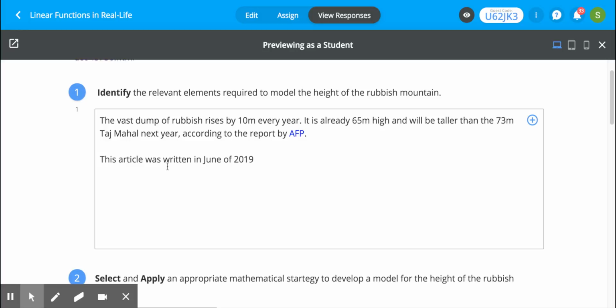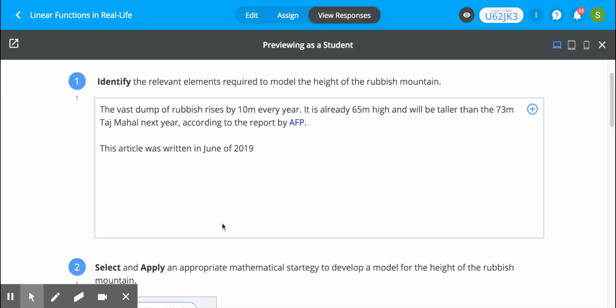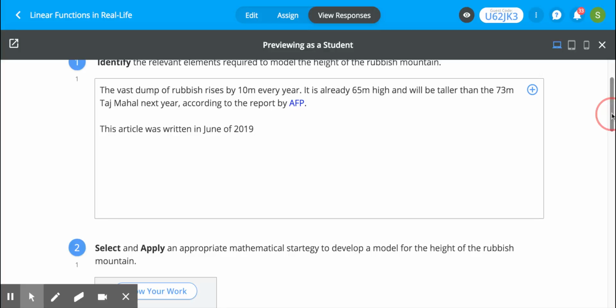I also wrote down that this article was written in June of 2019, because it's important to think about what the height was and what we are measuring it from. So those are really the key pieces. I'm just going to type some of my answers right here on this Goformative. So that's where I started.